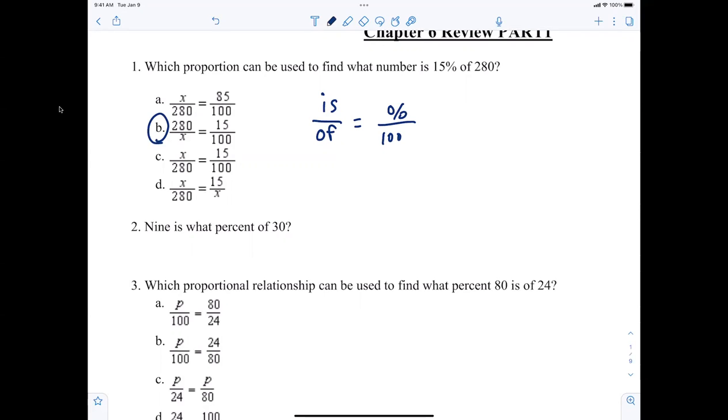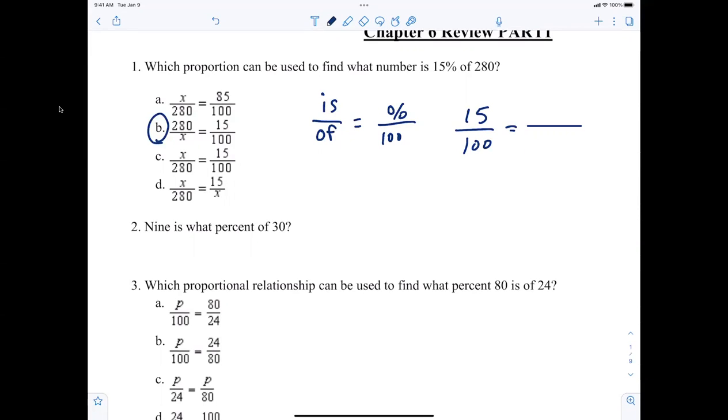What did you say the answer was? B. Why do you say it's B? Because it reads 15 over 100, and then the is over of, that's equal to 15 would be the percent of 100. So I like 15 over 100.